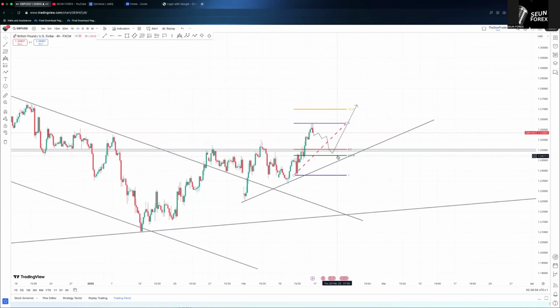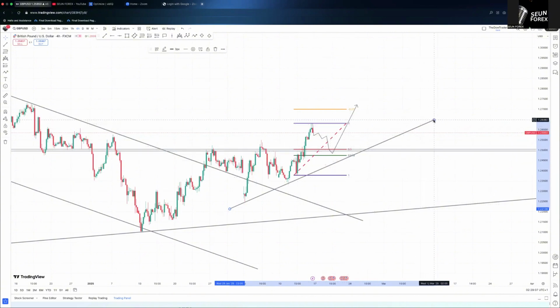So market can do two things. Since market, this trend line holds here, here, and this third of the trend line is in between 0.618. So which means that this trend line, market can do two things.